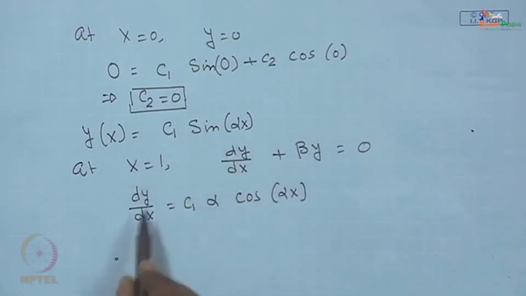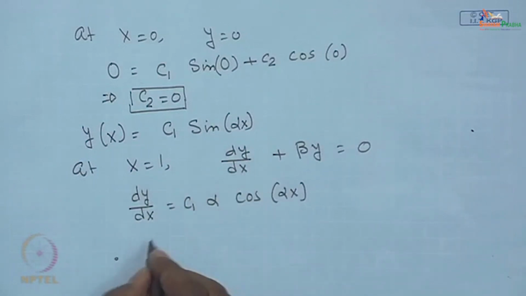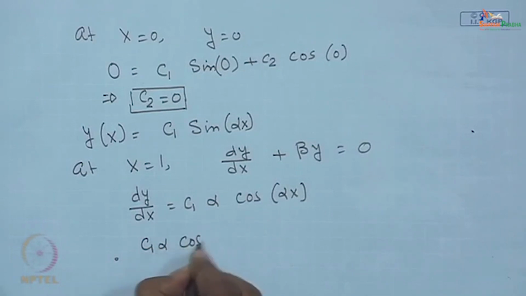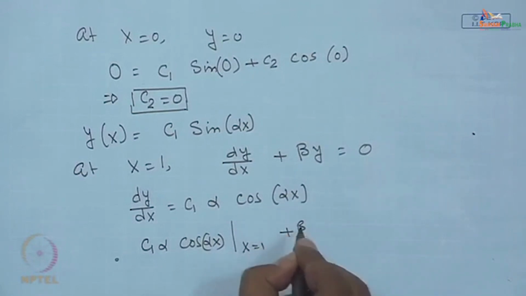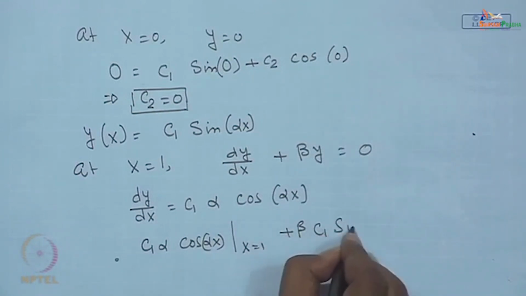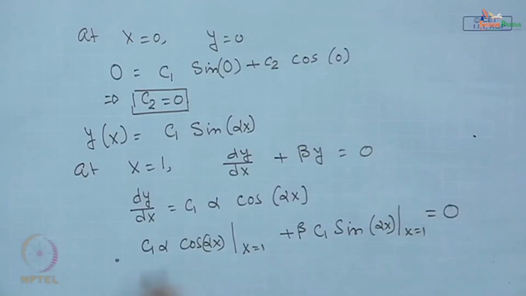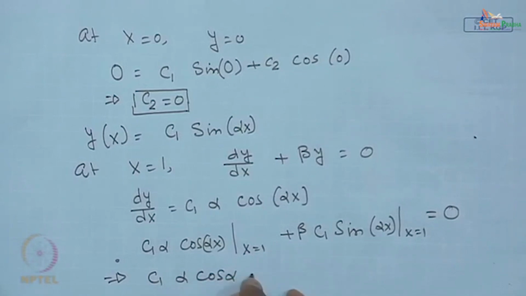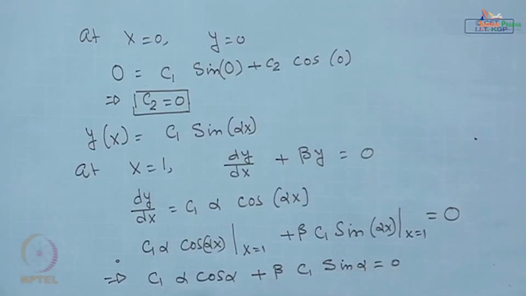Now we evaluate these quantities at x is equal to 1 and put them here. So dy dx is C 1 alpha cosine alpha x evaluated at x is equal to 1, plus beta times y, which is C 1 sin alpha x evaluated at x is equal to 1, is equal to 0. So C 1 alpha cos alpha plus beta C 1 sin alpha is equal to 0. We get this equation from using this boundary condition.